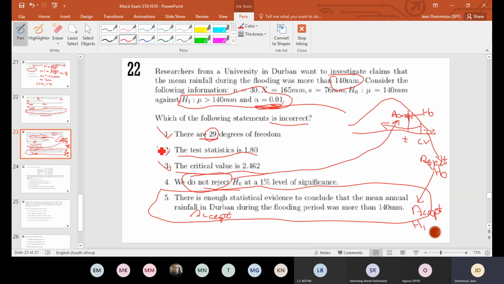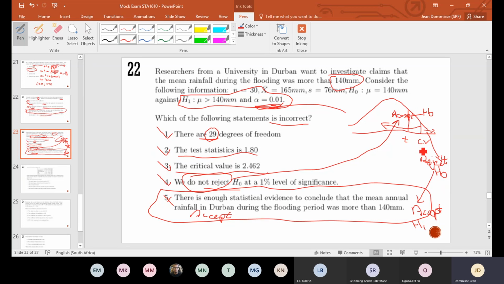So the test statistic 1.8 is also correct. So then we know that we do not reject it. That is also correct. So the incorrect one will be option 5. Because of the information given, because it is smaller, we accept the null hypothesis.